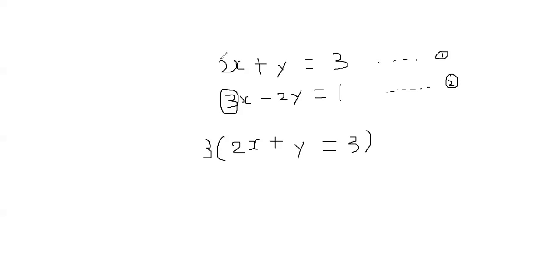We take the coefficient of x of equation 1 and we multiply it throughout equation 2. It's like you're swapping it.